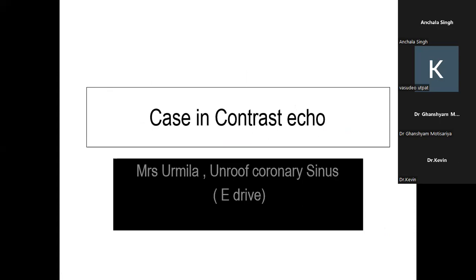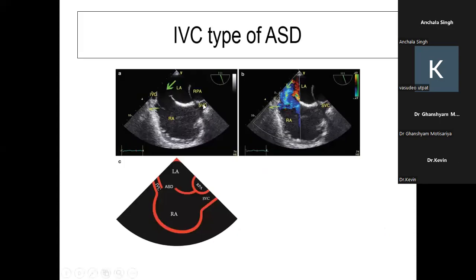When you do a transesophageal echocardiography, this is a 110-degree view, which we call the bicaval view. If you have a hole out here, this is an SVC type of ASD. And if there's a hole out here, this is an IVC type of ASD.